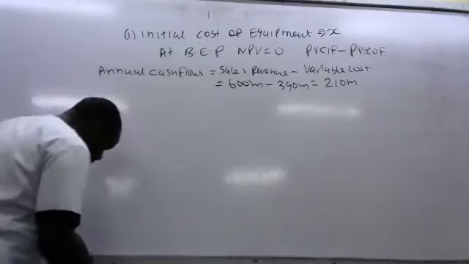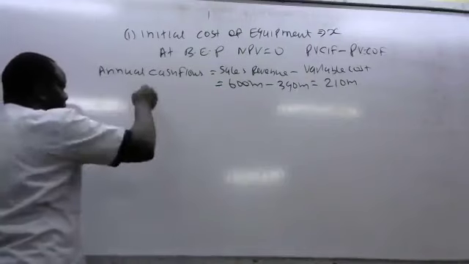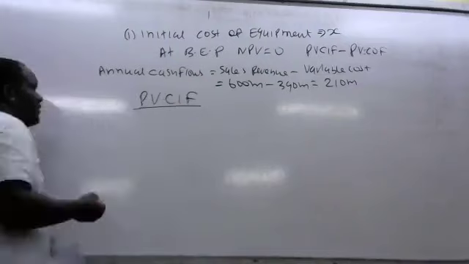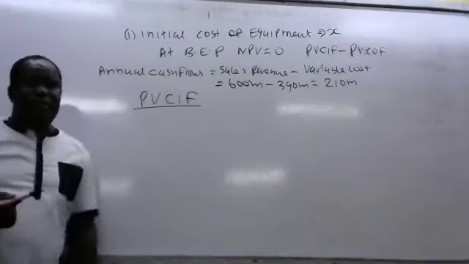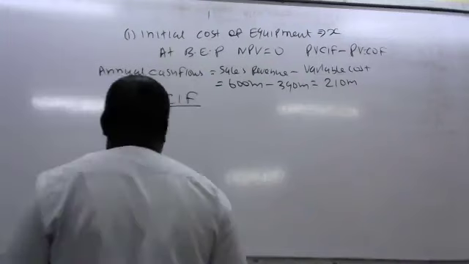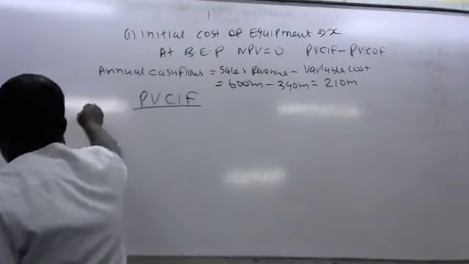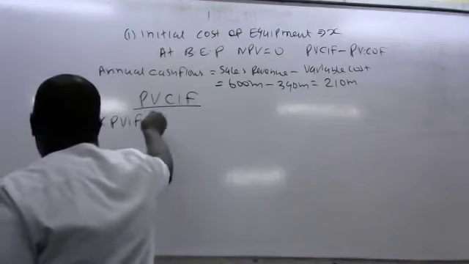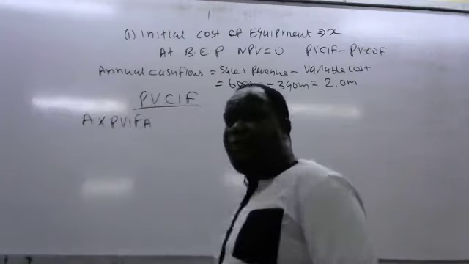We start off with the present value of the cash inflows. It will be the annuity multiplied by the present value interest factor for the annuity.